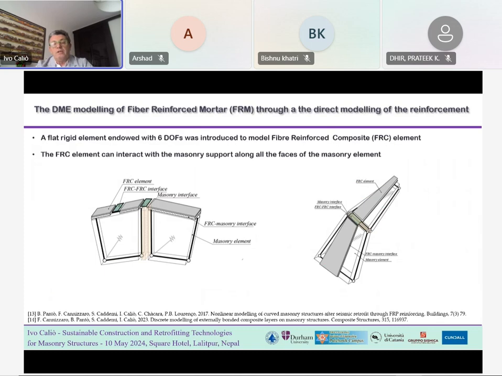In subsequent research, we specifically introduced a detailed modeling of the reinforcement according to a flat element directly applied to the macro element. In this flat element, that can be seen here in these figures, there is a direct interaction between the macro element and the reinforcement according to specific discrete interfaces, and also the structural failure of the reinforcement is included.